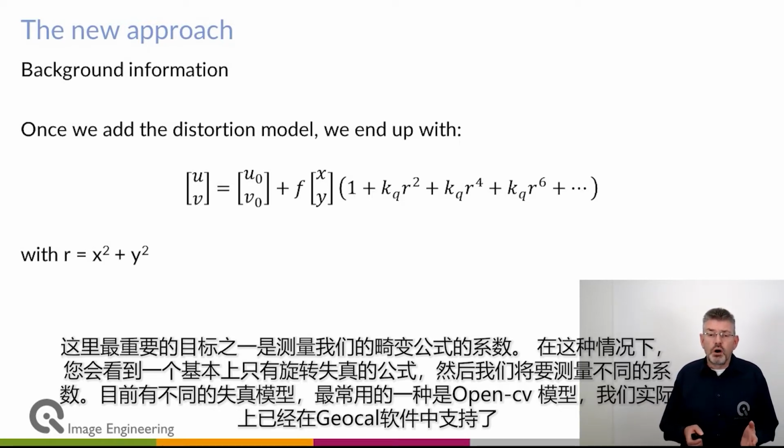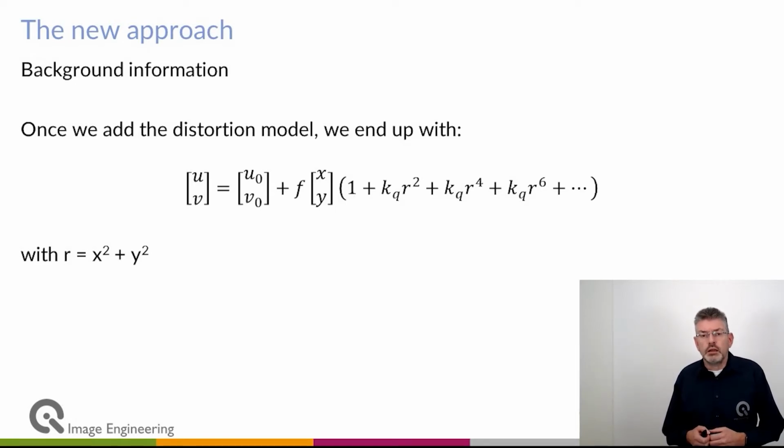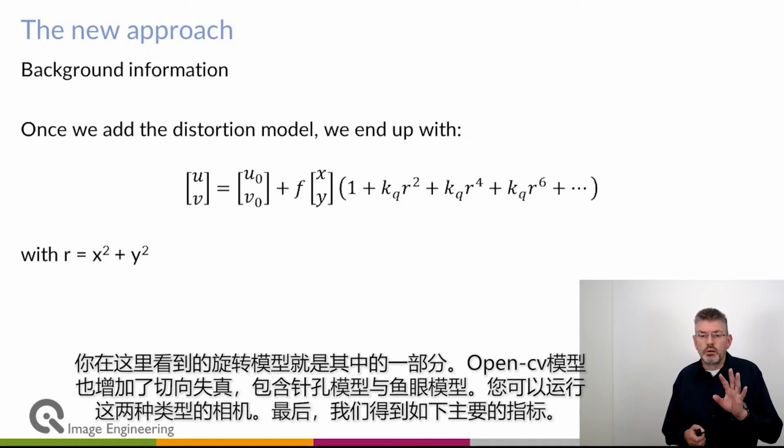There are different distortion models out there, and the one that's most commonly used is the OpenCV model, which we actually do support in our software already. The rotational model that you see here is part of that.